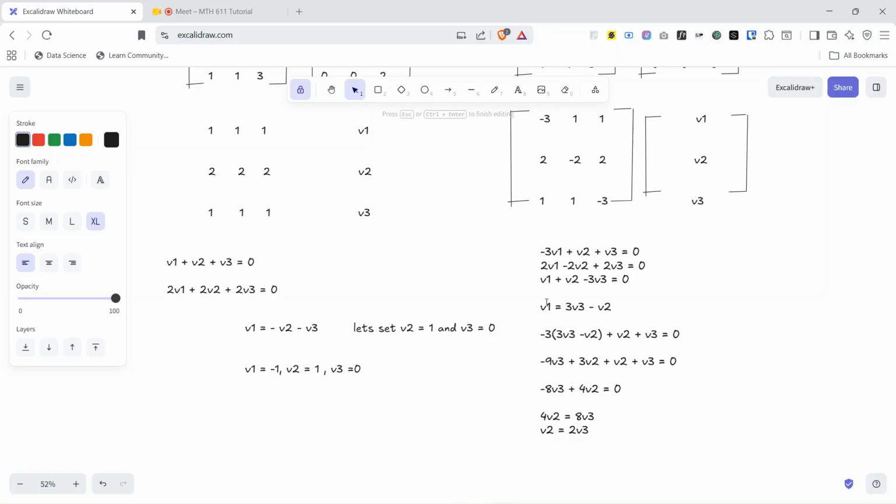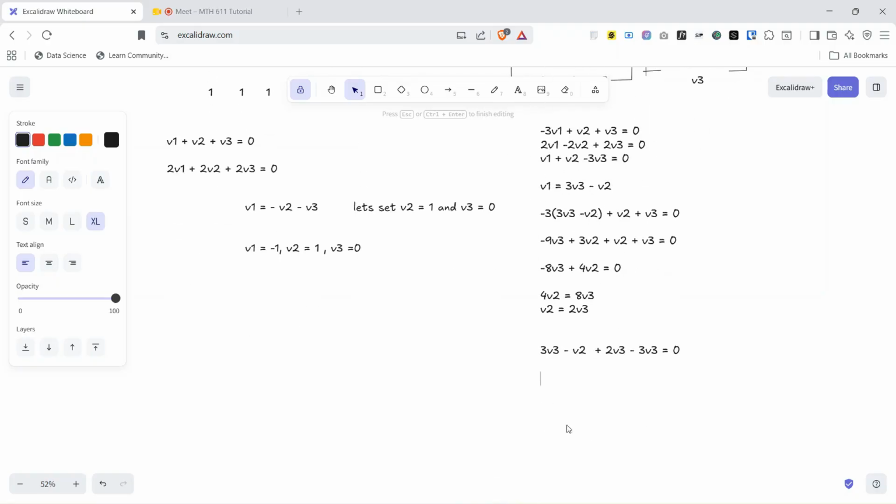If we plug it into equation 3, that would be V1, our V1 is 3V3 minus V2, our V2 is 2V3, so that's plus 2V3, then minus 3V3 equals 0, right?